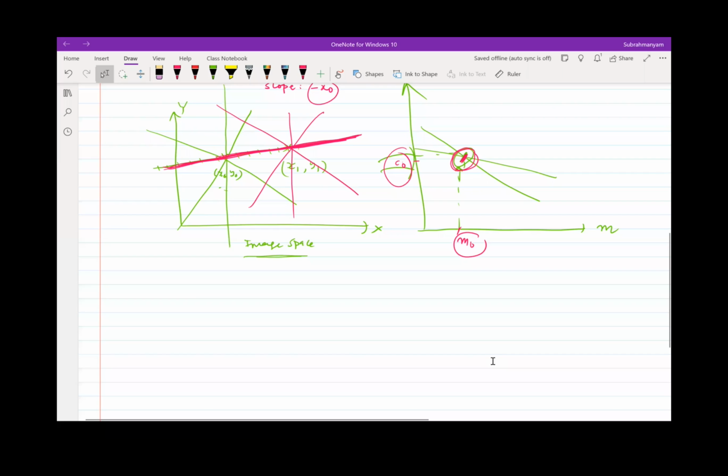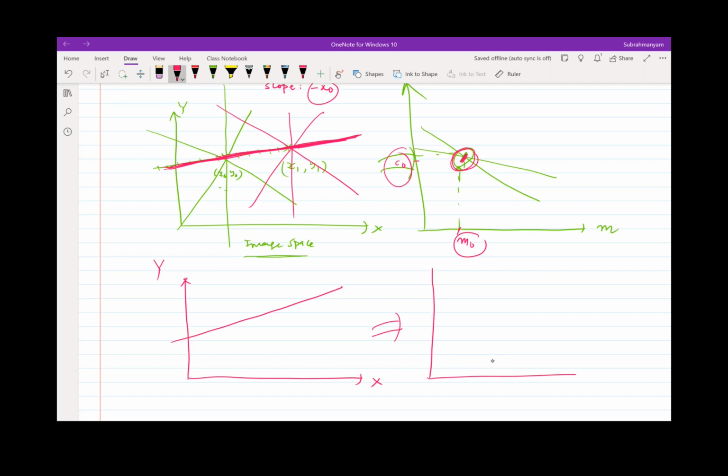So maybe before asking you for any clarifications, I would slightly rephrase my statements, hopefully that would make it more clear. In the XY space, I have a straight line. Now, if I represent this in the M and C space, what will it be represented with?